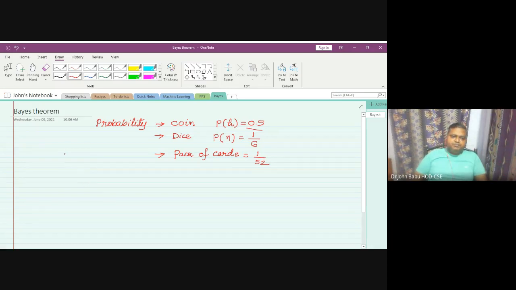This fixed probability is also called prior probability. Please remember this term because we'll be talking more about this later. Prior probability. What is the meaning of prior?